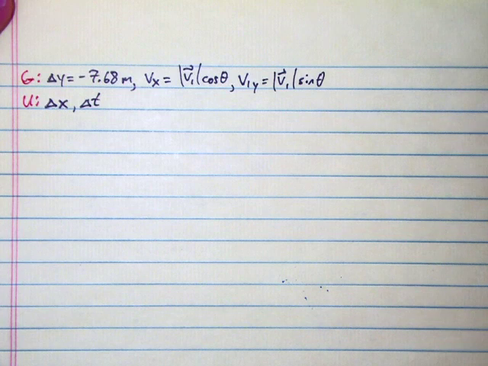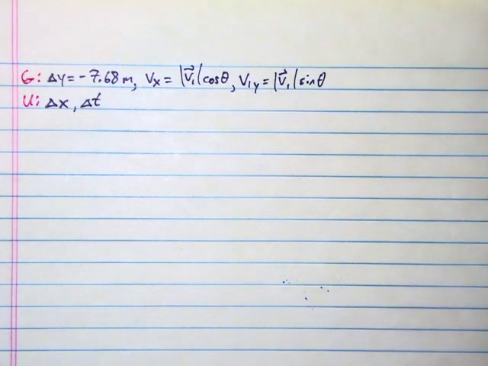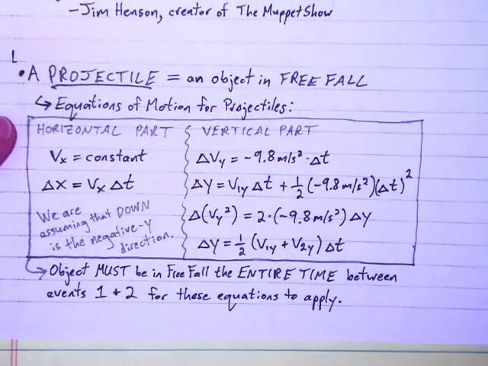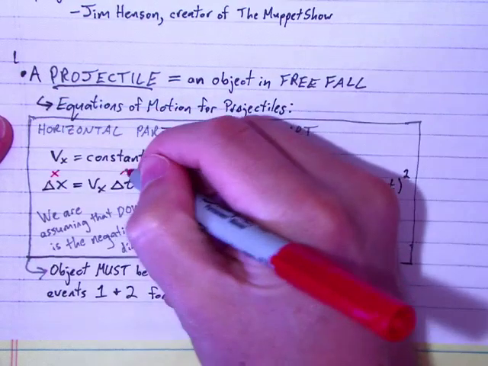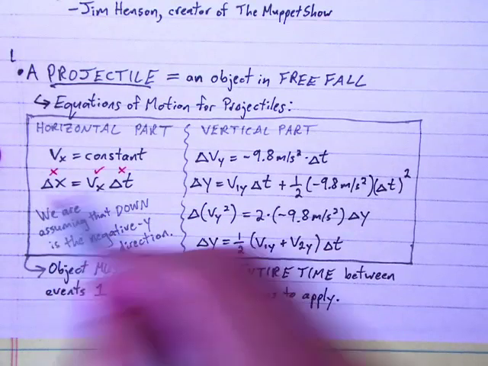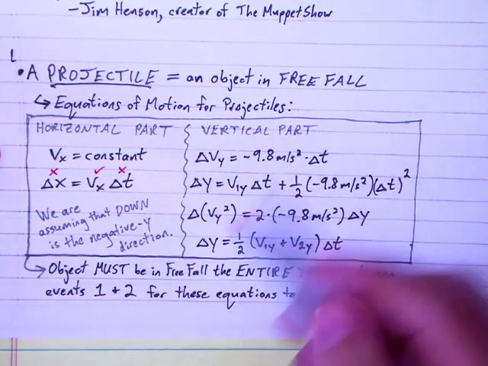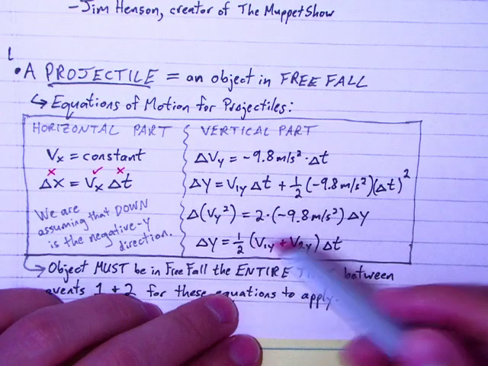Okay, so let's go to our equations and see what we can do with this information. We want to find delta x here, so we don't know that right now. We don't know how long it takes. We do know Vx. So to get delta x, we need to know the time. So we'll have to find the time it takes by studying the vertical part and bring the time over.